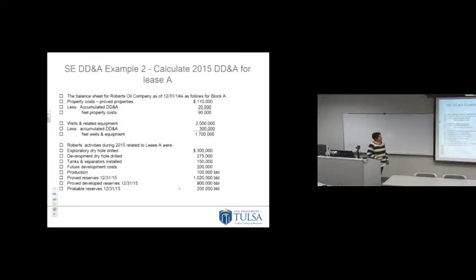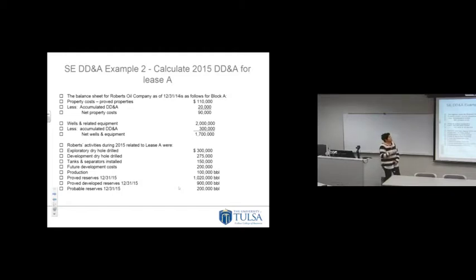Okay, so let's do another example for lease A, where we already have been producing in prior years. So the balance sheet for Roberts Company as of 12/31/14 is as follows for Block A. I've got property cost, 110, less accumulated DD&A, because that is my contra asset or my negative asset.